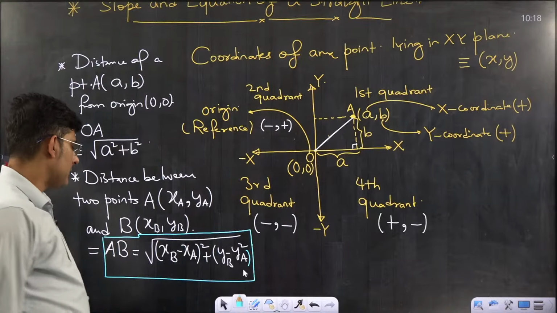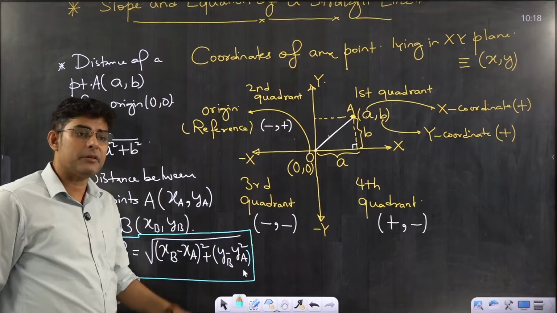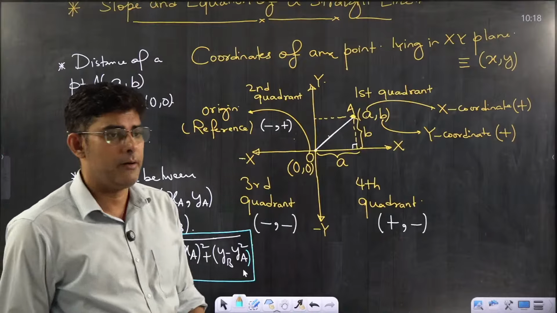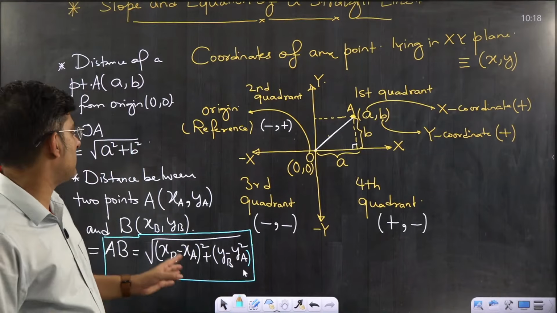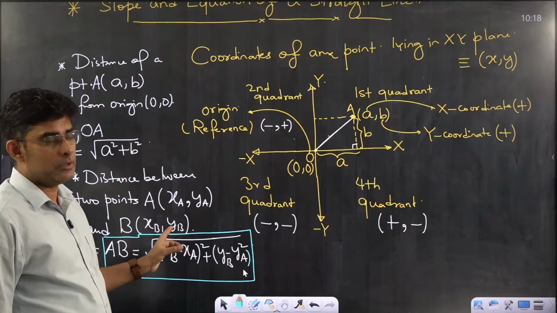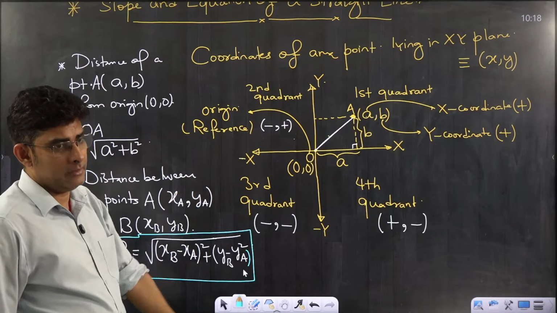So AB is root of (xb minus xa) whole square plus (yb minus ya) whole square. This is also called the distance formula, and the distance formula gives the shortest distance, the straight line distance.